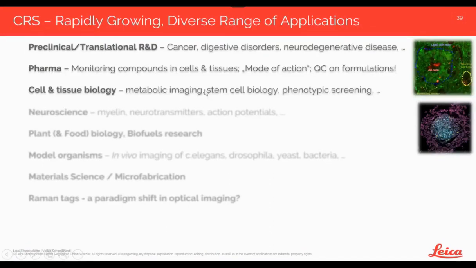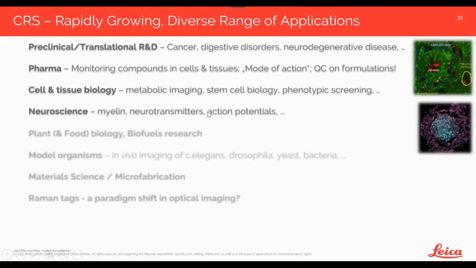Cell and tissue biology will benefit by being able to do metabolic imaging, or an alternative route to metabolic imaging of the fluorescence techniques that can provide metabolic states. We also think that the differentiation of stem cells can be monitored in certain instances, and we think that phenotypic screening applications will come up in the process of those studies as well. Some very interesting applications in neuroscience are being developed.